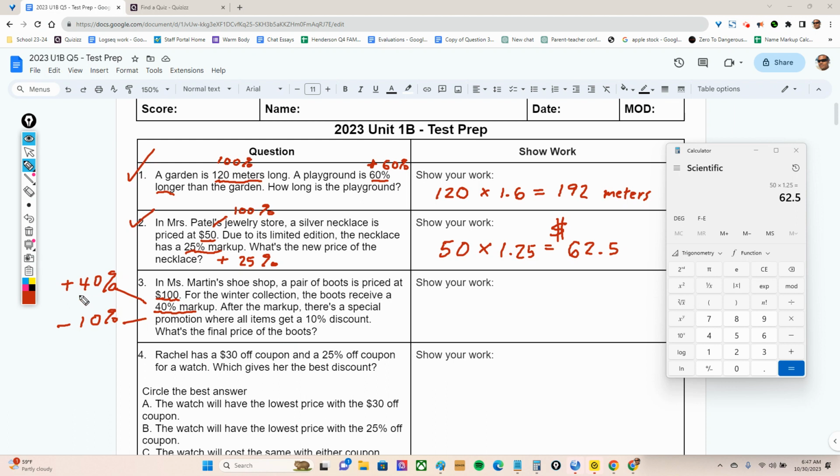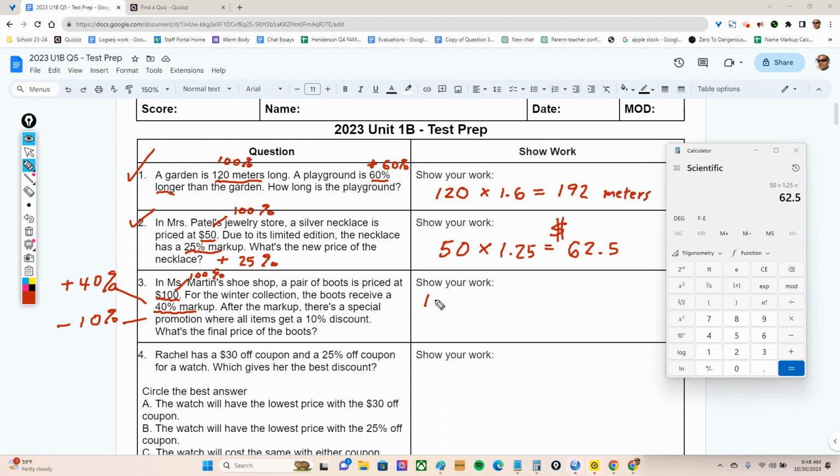Okay, so you're tempted to just do 40 minus 10 and do 30%, like 100 times 30%, but that would not be correct. Okay, because we have to take our 100% here. We start with the original price, so we're calling that the 100%.